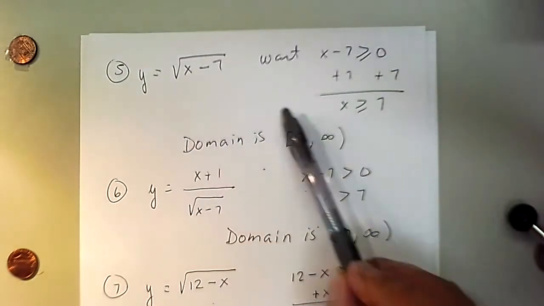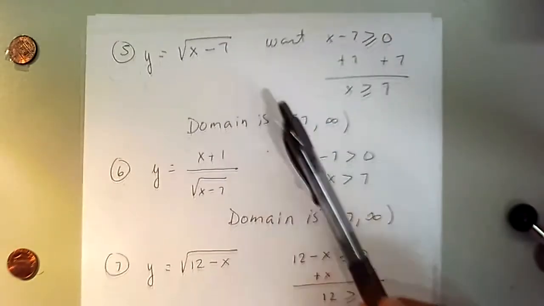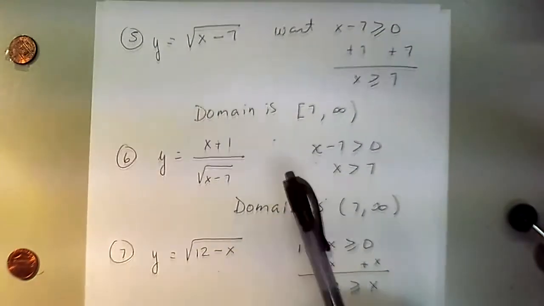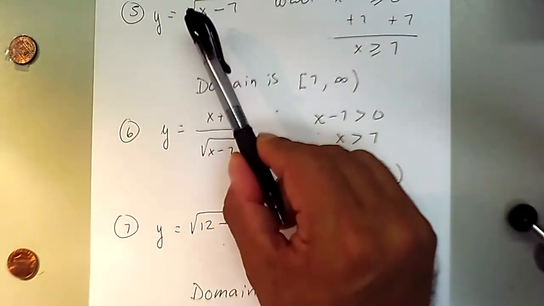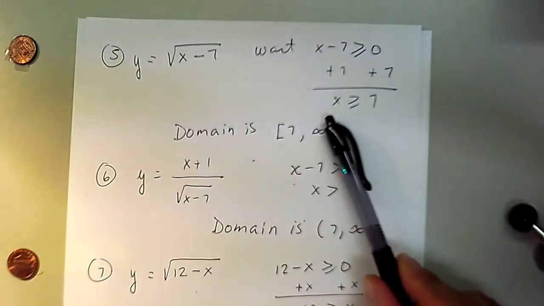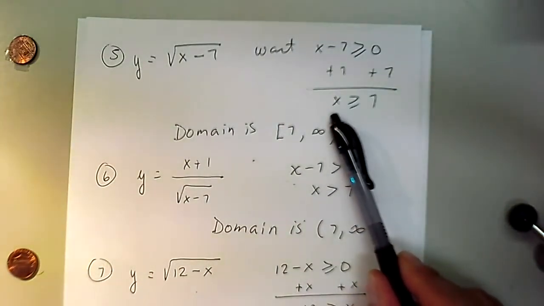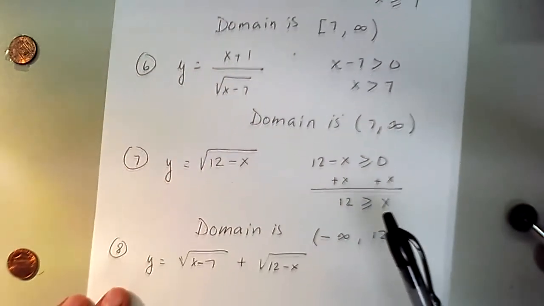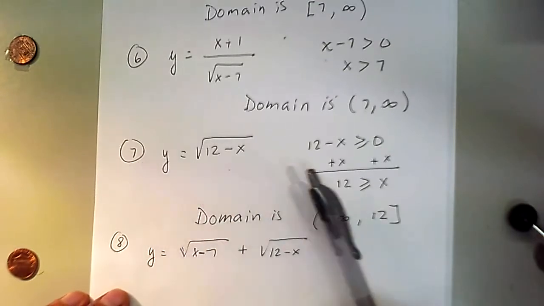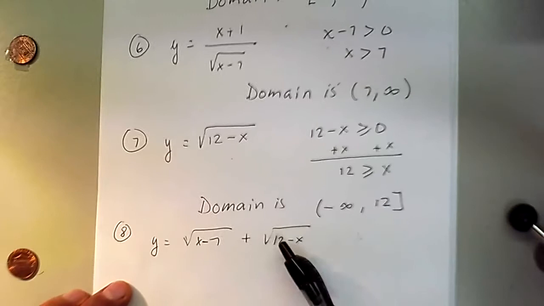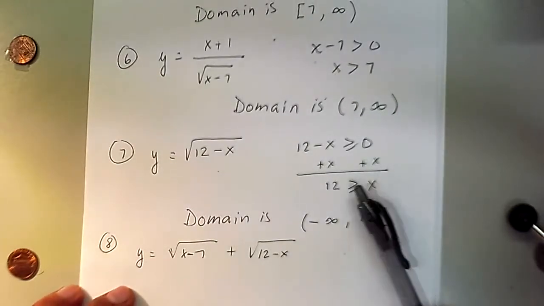Example 5, which contains square root of x minus 7, states that the domain has to be all the numbers that are greater than or equal to 7, to the right of the 7. Example 7, which contains the root of 12 minus x, says that the inputs have to be less than 12.